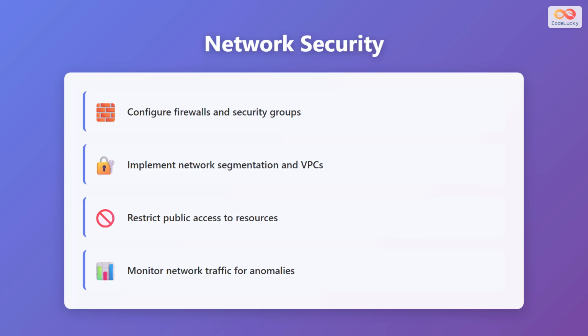Restrict public access to resources by ensuring that only necessary services are exposed to the internet, while keeping sensitive systems behind private networks. Finally, continuously monitor network traffic for anomalies, as unusual patterns can indicate security threats or ongoing attacks. Effective network security creates multiple layers of defense that make it significantly harder for attackers to reach your critical resources.